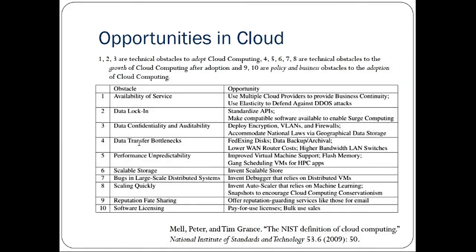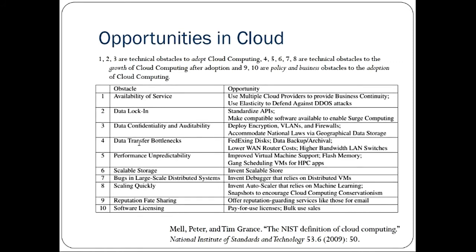So it is saying 1, 2, 3 are technical obstacles to adopt cloud computing, whereas fourth, fifth, sixth, seventh, and eighth, meaning data transfer bottleneck, performance unpredictability, scalable storage, bugs in large scale distributed system and scaling quickly, these five are technical obstacles to the growth of cloud computing.